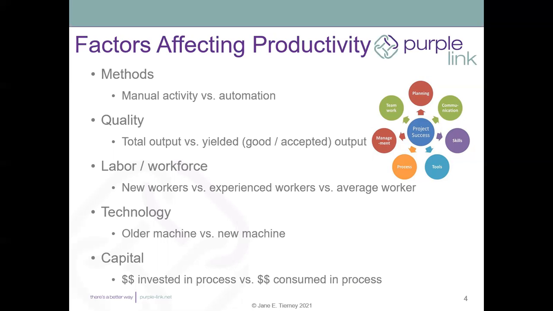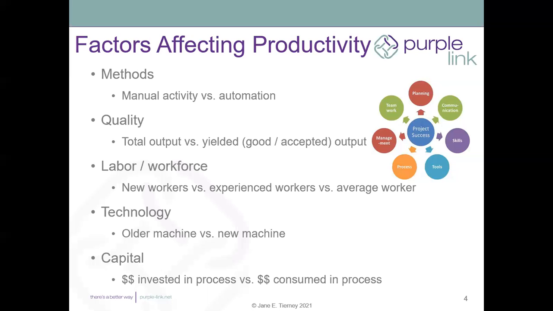So if you're producing widgets manually, actually having people make them one by one, put things together, screw them together, fasten them together, staple them, glue them, hammer them, whatever you do, if it's a manual activity, you're going to have so much output available per person or per production line, versus automating that, where you have some kind of equipment and tooling involved that's going to help that be more of an automated process.